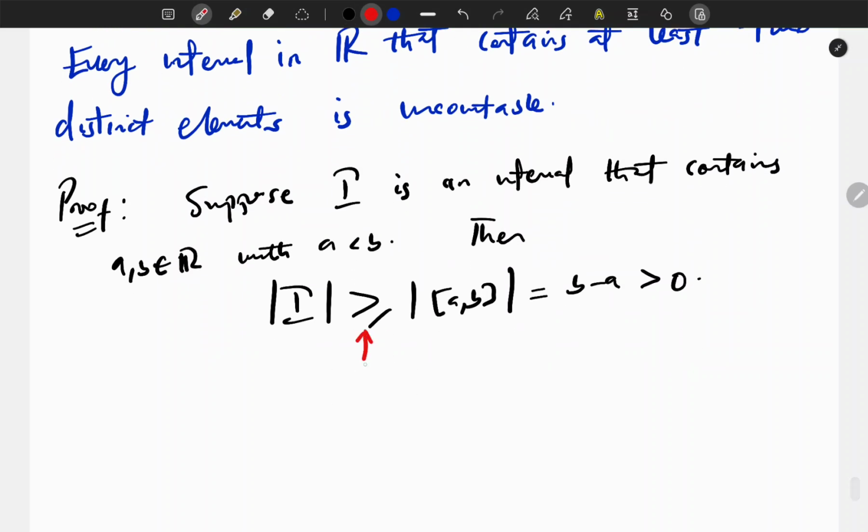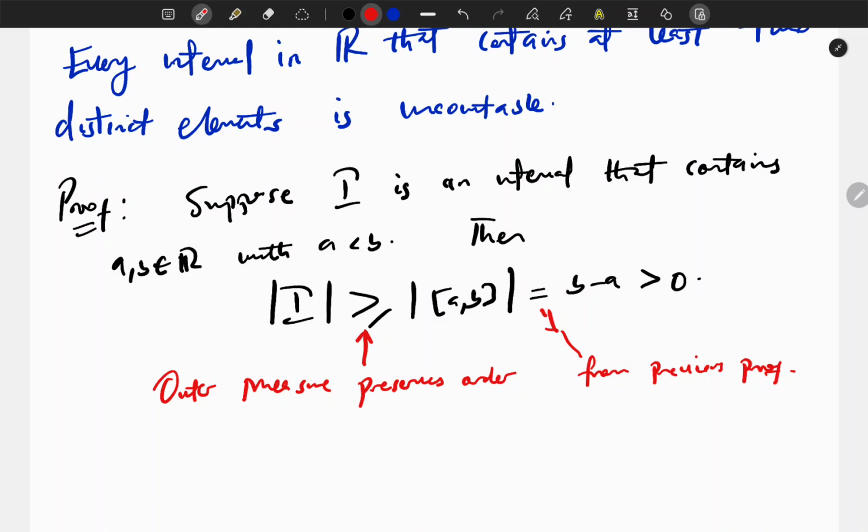So this follows by measure preserves order, and this actually comes from what we just proved now from the previous proof, and then that is satisfied.